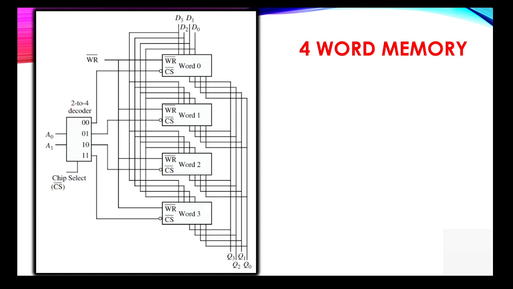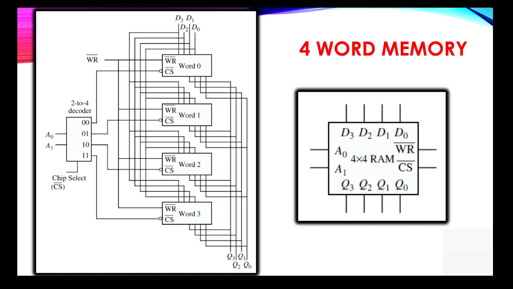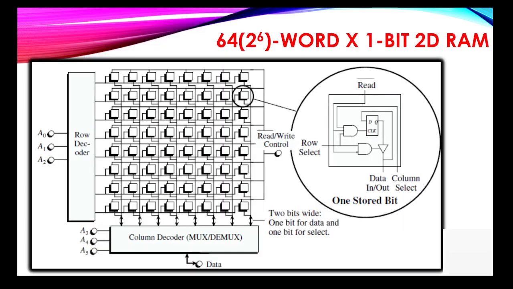So a 2 input, 4 output, 2-to-4 decoder with a chip select signal and write signal, and we have the configuration of a specific cell of a 4x4 RAM. We have D0 to D3, 4 data inputs, Q0 to Q3, 4 bits of information, 2 address lines A0 and A1, and the write and chip select outputs.